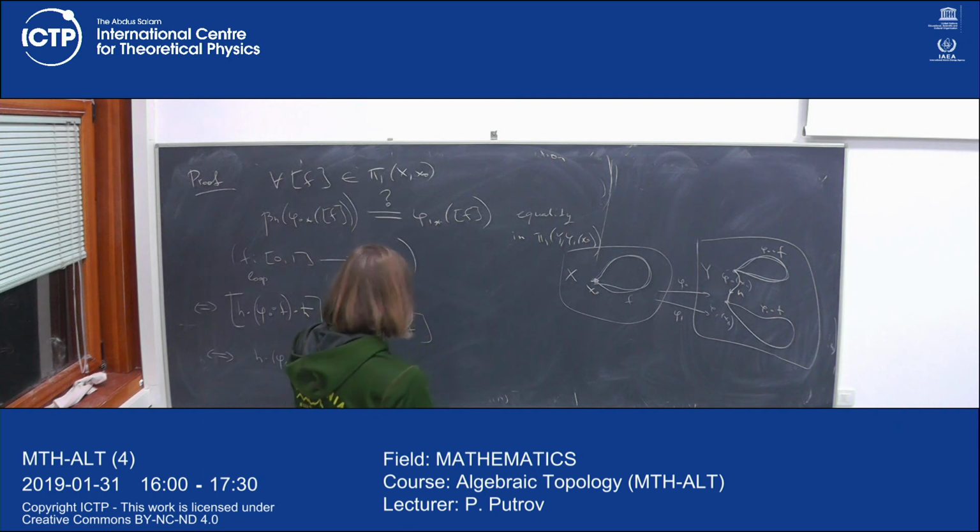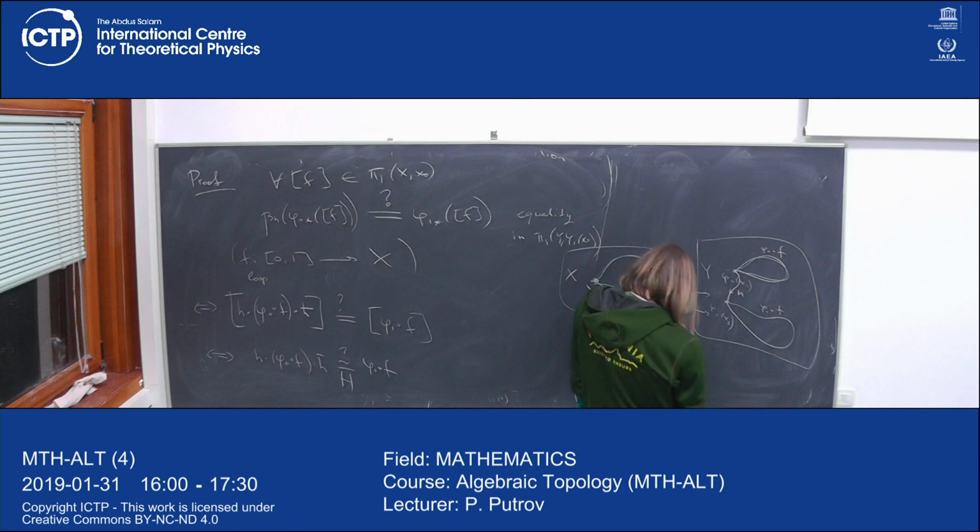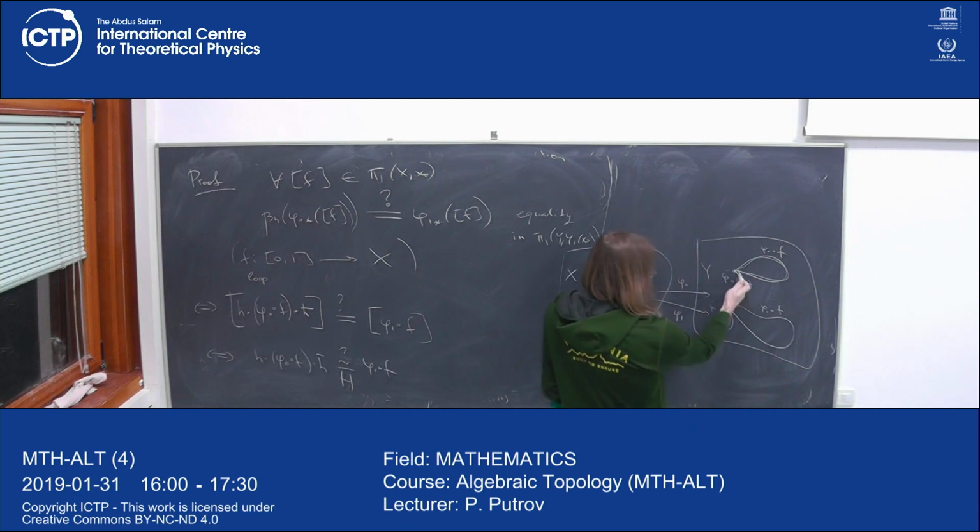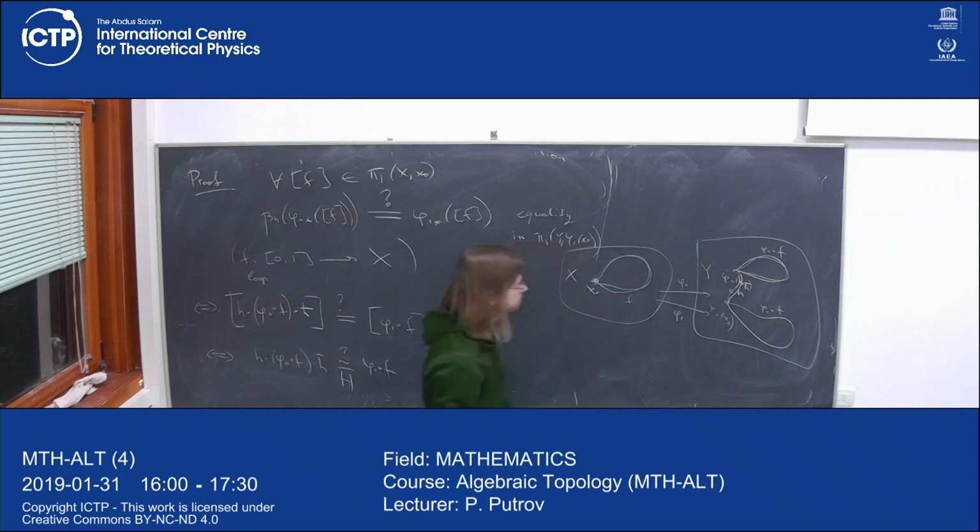On the right hand side we have this loop, phi 1 composed with f, and we want to show it is homotopic to the following path. First we go along h bar, the opposite of h, then along phi 0 composed with f, and then back along h itself.